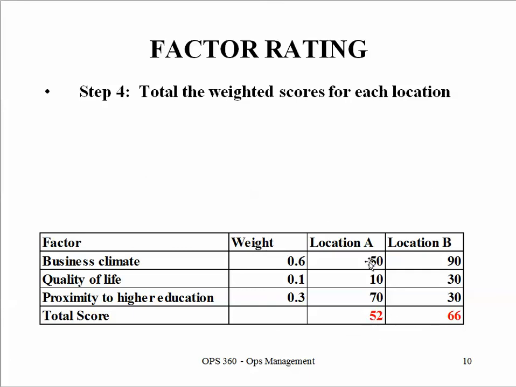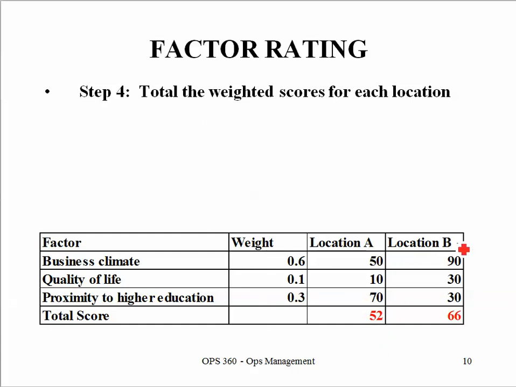To get the total, for each of the 3 factors I take the weight times the location score, and add those products across each of the 3 factors and get a total for that location. So for example, for location A, this 52, which is the total score for location A, is simply 0.6 times 50 plus 0.1 times 10 plus 0.3 times 70, which gives me a grand total of 52.